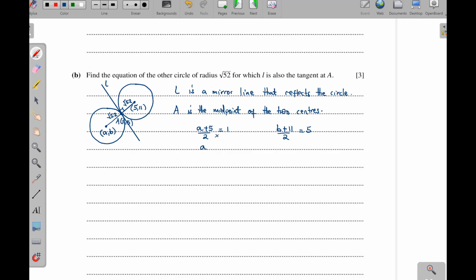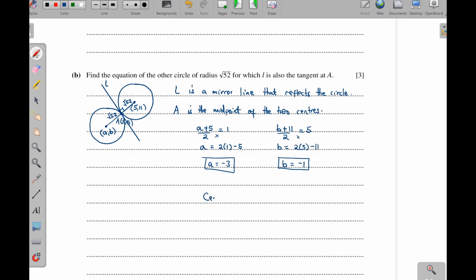So a is 2 times 1, which is 2, then take the 5 this side, it becomes a minus. So 2 minus 5 becomes negative 3. Then b, you also cross multiply, 2 times 5 is 10, then the 11 crosses as a negative, so minus 11. That means b is equal to negative 1. So what does this therefore mean?